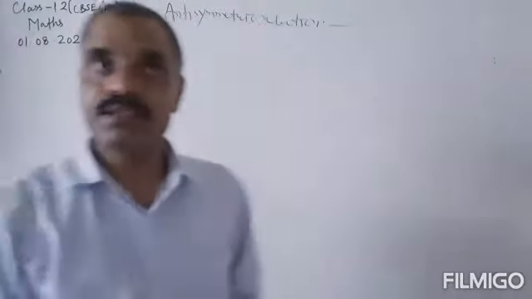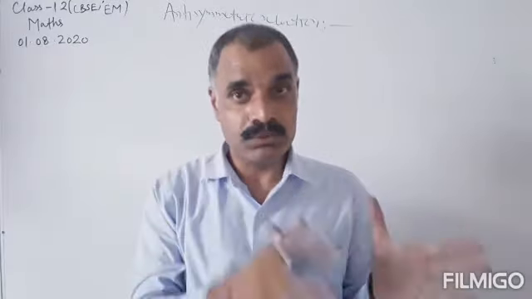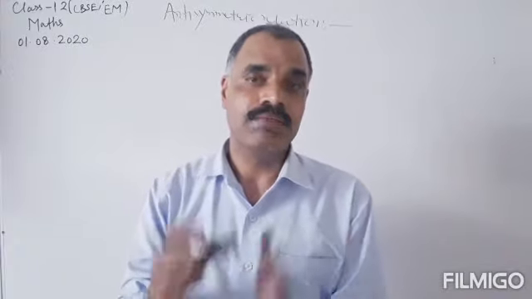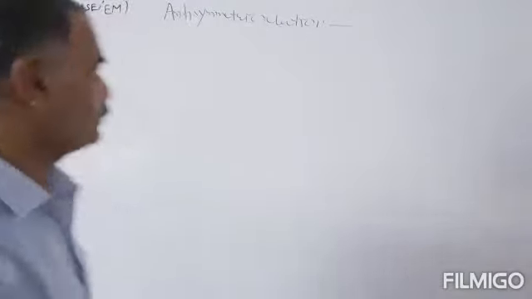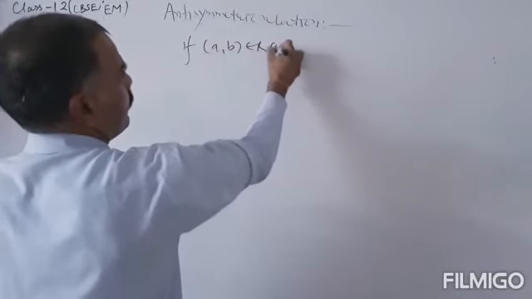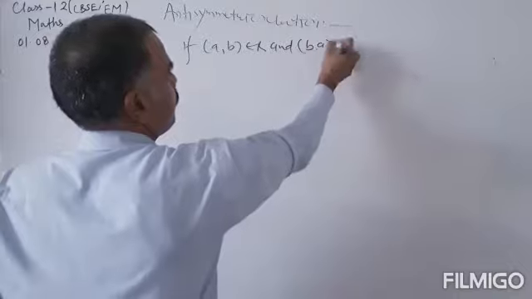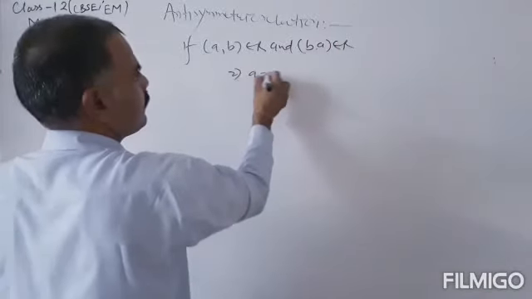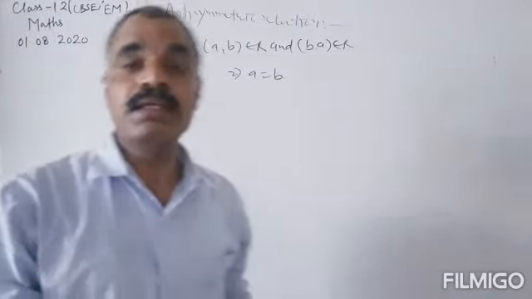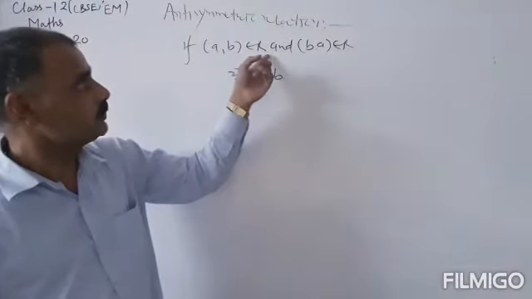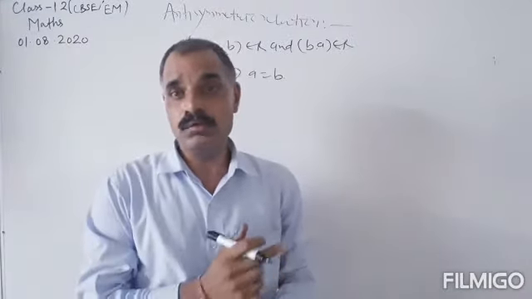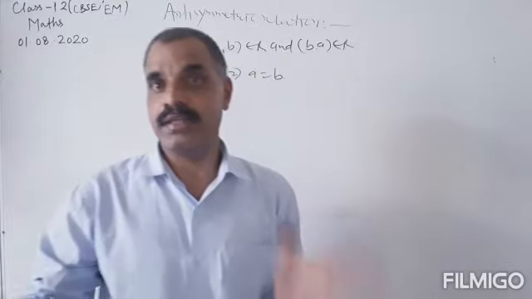A symmetric relation is one in which (a, b) belongs to R implies that (b, a) belongs to R. But if (a, b) belongs to R and (b, a) also belongs to R implies that a equals b, then it is an anti-symmetric relation.